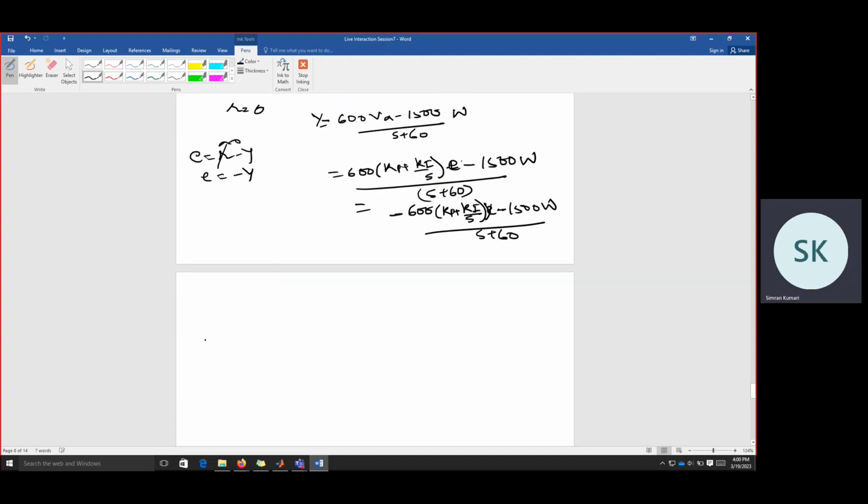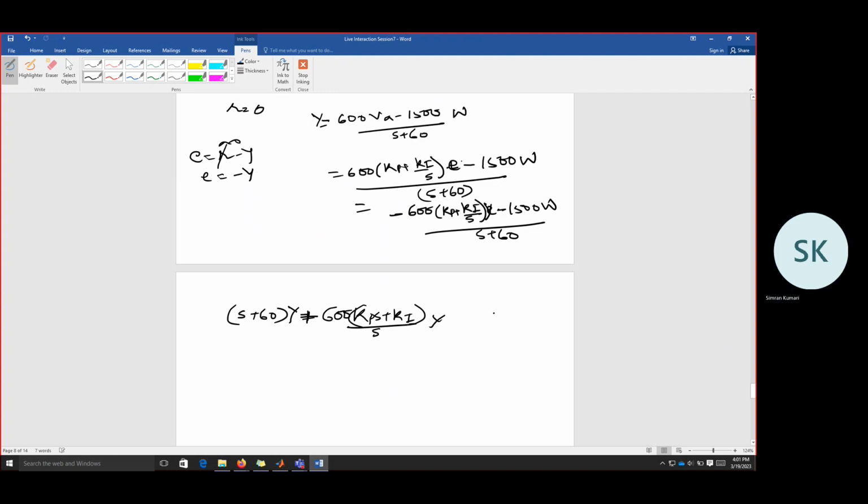So let us simplify this. This will be s plus 60 into Y, and we can take it to the left side. This will give 600 Kp plus Ki by s into Y is equal to minus 1500 into W. Now let's solve this one.